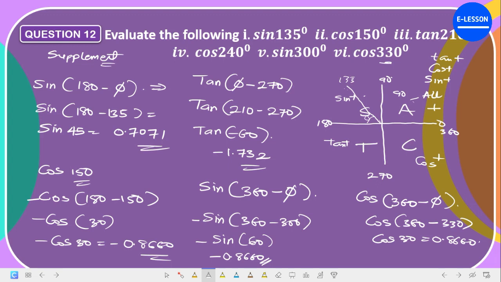Cos 210, 0.5, then tan. Okay, let's leave that for now. I'll make research on that and then correct if there's any correction to be made. So that is the solution to that question.